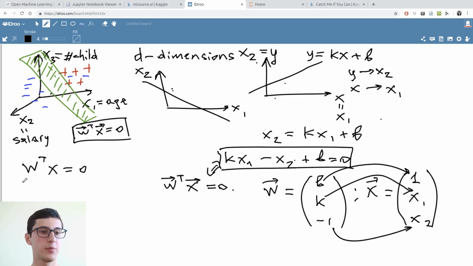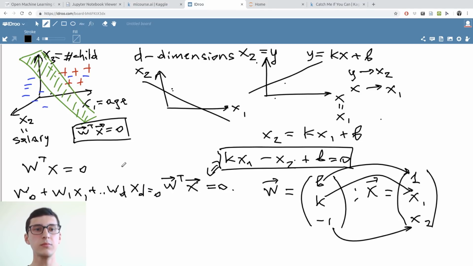So it will describe a hyperplane W0 plus W1 x1 plus and so on, WD xd equals 0. Okay, so it's actually an equation for a d-dimensional hyperplane.